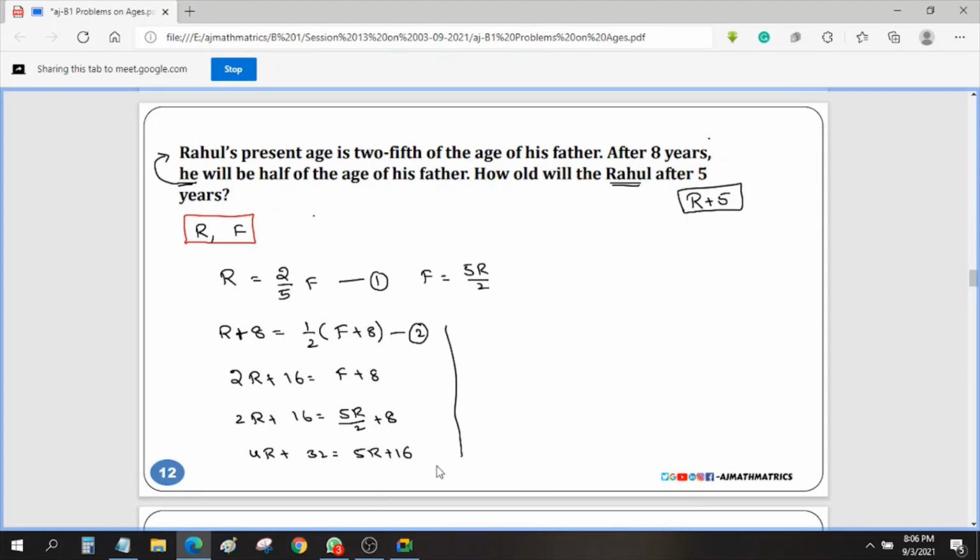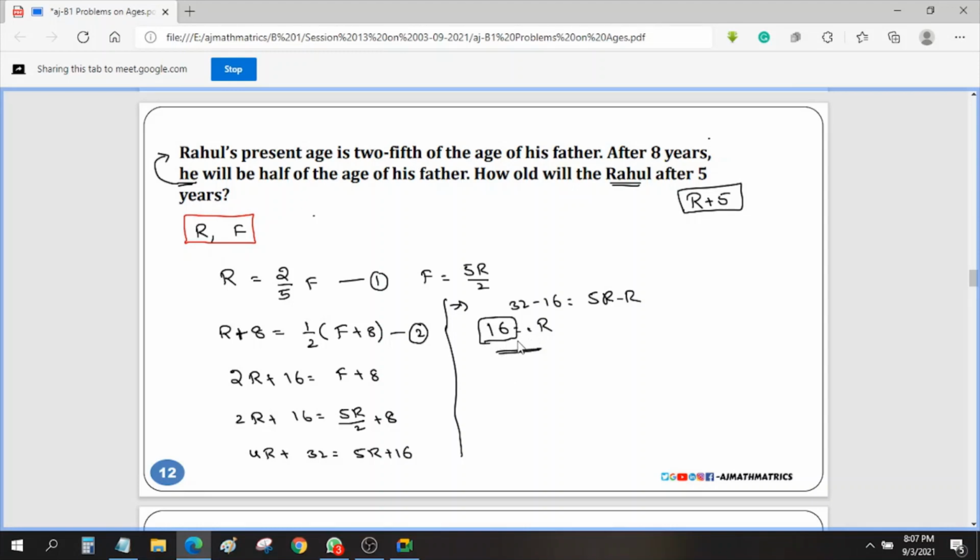Now take 4R to the right hand side, 16 to the left hand side. So 16 equal to R, you will get it. Or else I will write one more statement like 32 minus 16 equal to 5R minus 4R. So R equal to, sorry, 16.